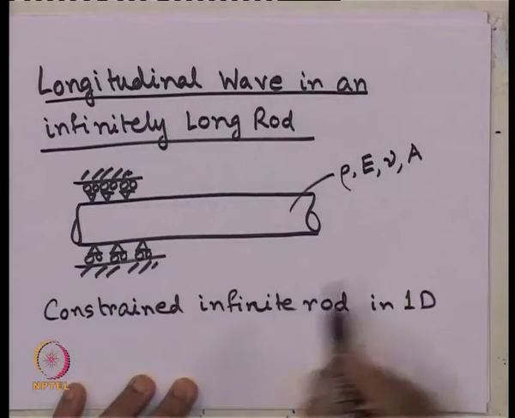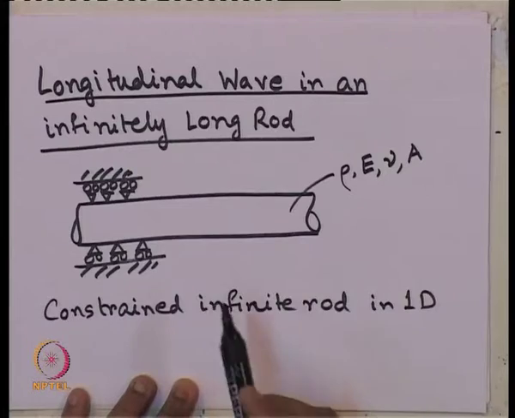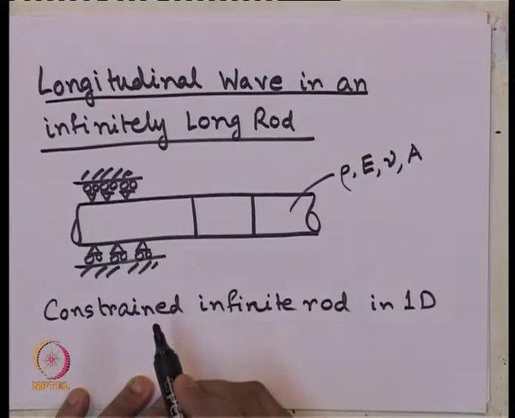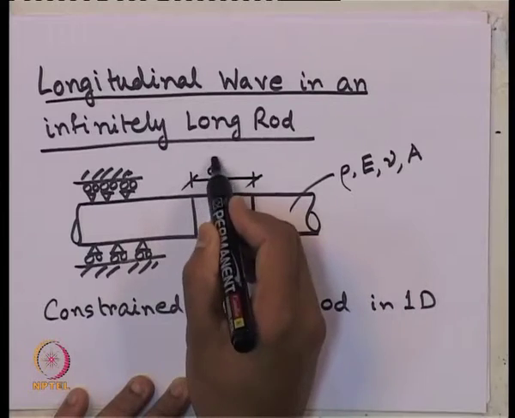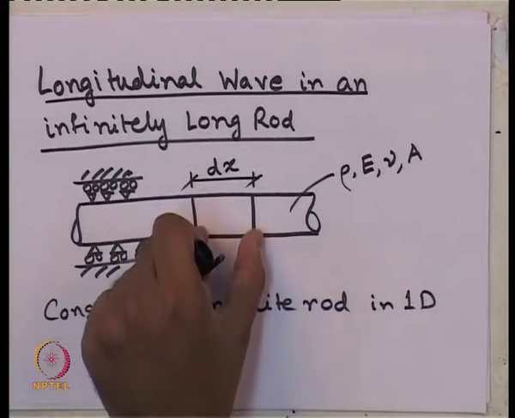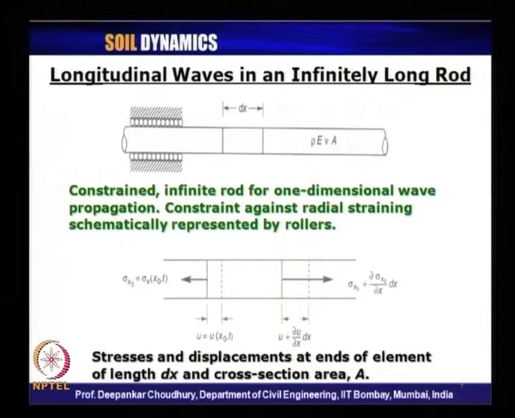Now, when the longitudinal wave is traveling in this one dimension in this rod, let us take one infinitesimally small segment with a length, say dx in this direction. So, now we are concentrating on this infinitesimally small segment of length dx, through which the wave is passing through.